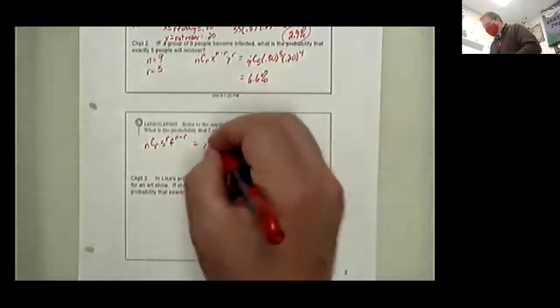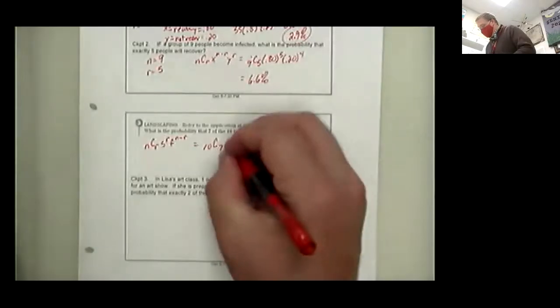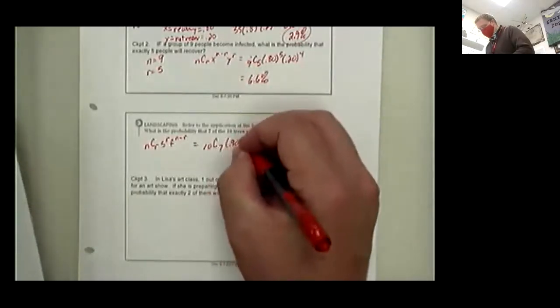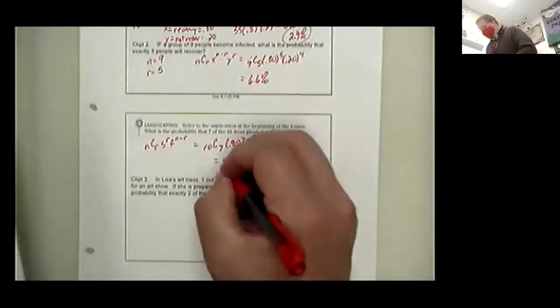We're actually going to flip this around. Yep, this is good. So we have 10 and we're choosing 7. Probability that 7 trees will survive. What's the survival rate? That's 0.90 to the 7th, and then 0.10 cubed. And when we plug that into our calculator, that is 5.7%.